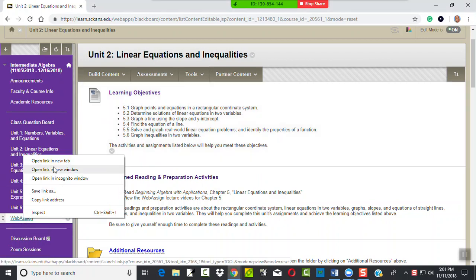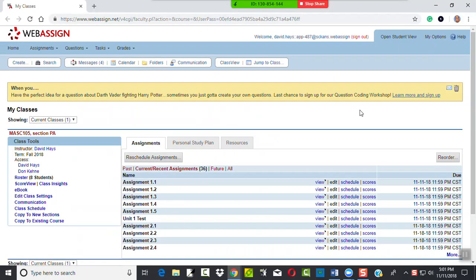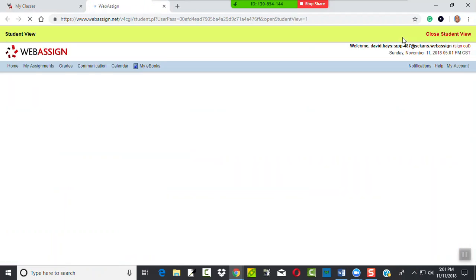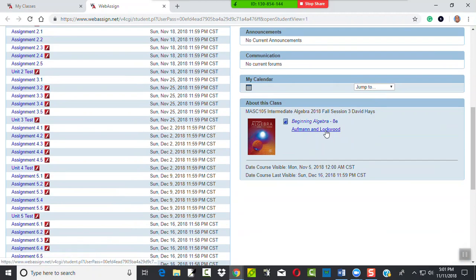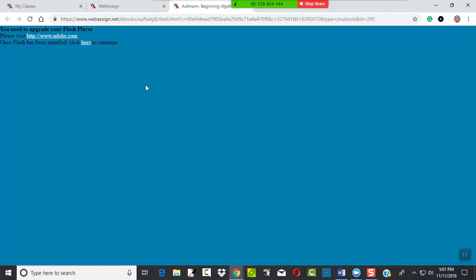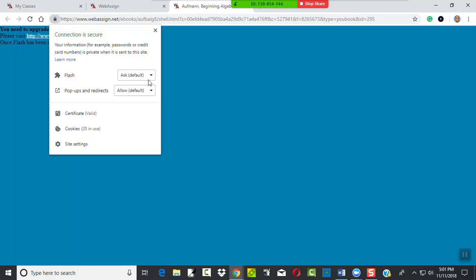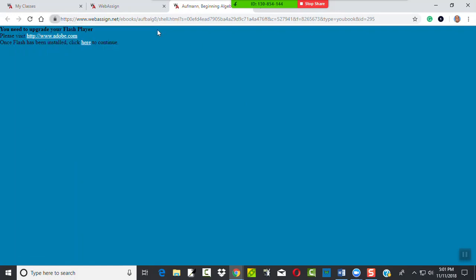Now let me bring up the ebook. Remember, you have to enable Flash by clicking here and then choosing the allow, assuming you have Chrome. And I'll close that.